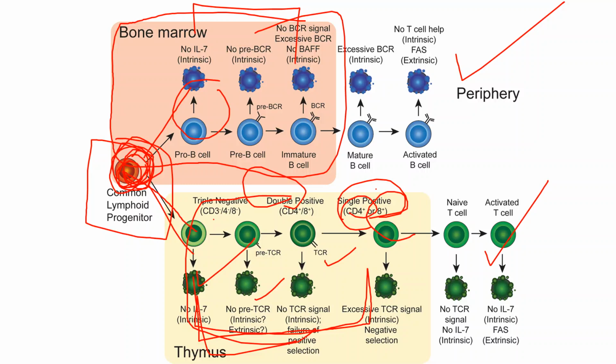We call these cells single positive because they are positive for only one receptor, either CD4 positive or CD8 positive. Before that, if there is no TCR signal, they will be the double positive cells. Double positive means they have both receptors, CD4 positive as well as CD8 positive.